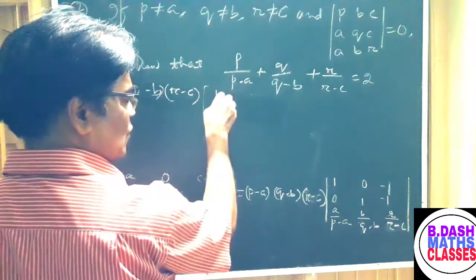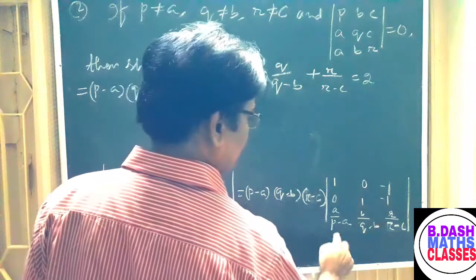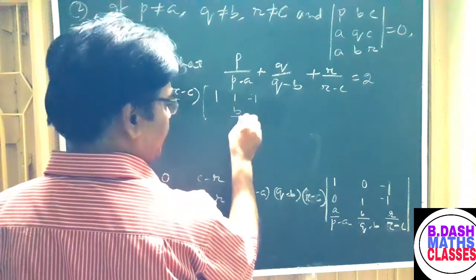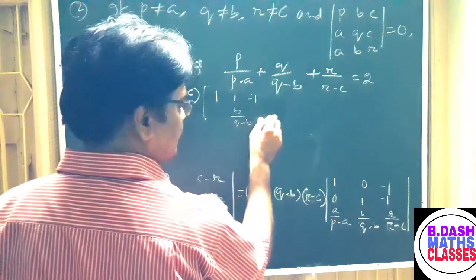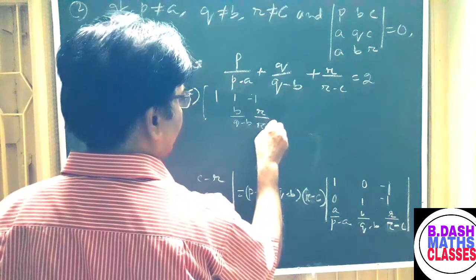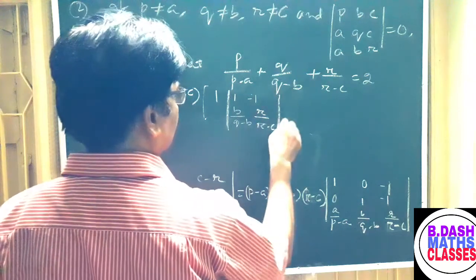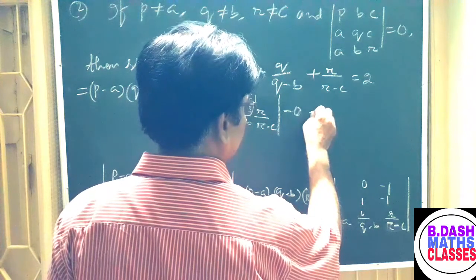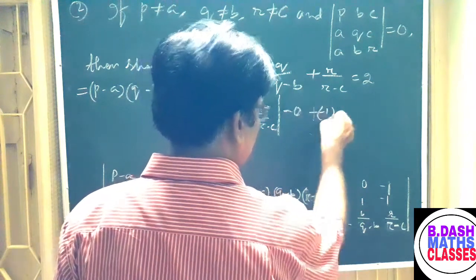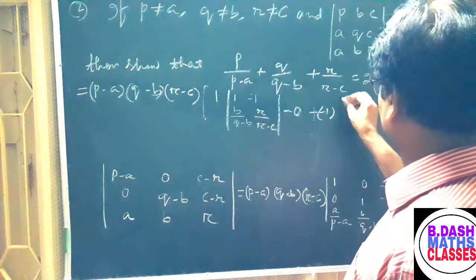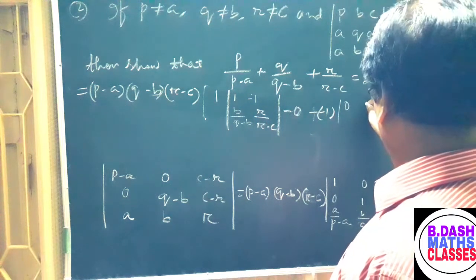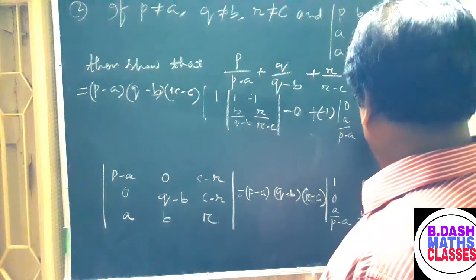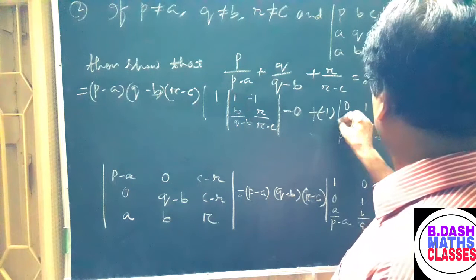So this is 1, this will be 1 minus 1, B by Q minus B, R by R minus C, 1, 0 into, then minus 1. So we have here 0, 1, A by P minus A, B by A, Q minus B.